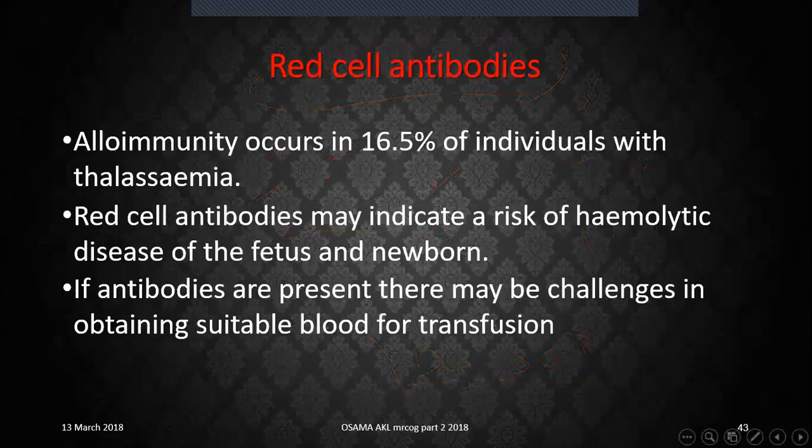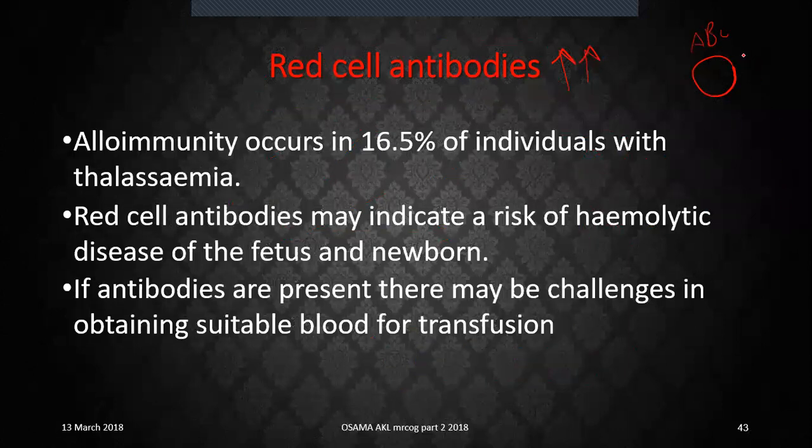Another problem in patients with thalassemia is increased occurrence of red cell antibodies. You know, the RBCs have antigens like ABO antigen, RH antigen, D capital, E capital, C capital, C small, Kell, and others, many antigens.